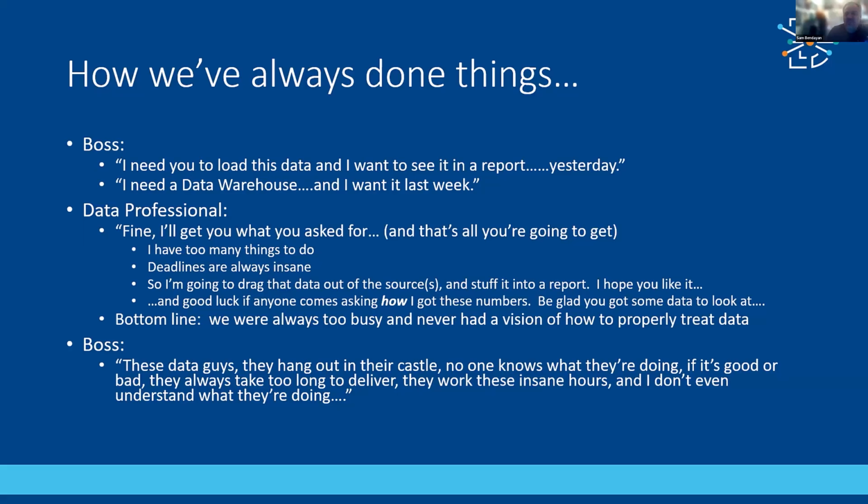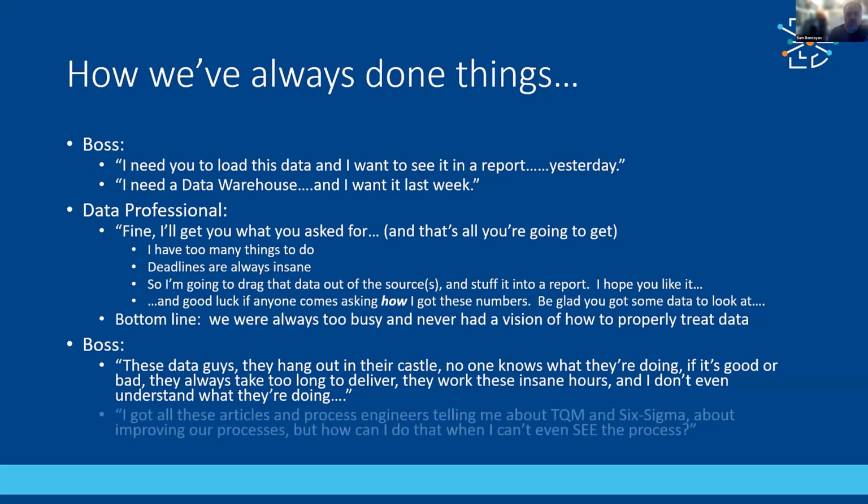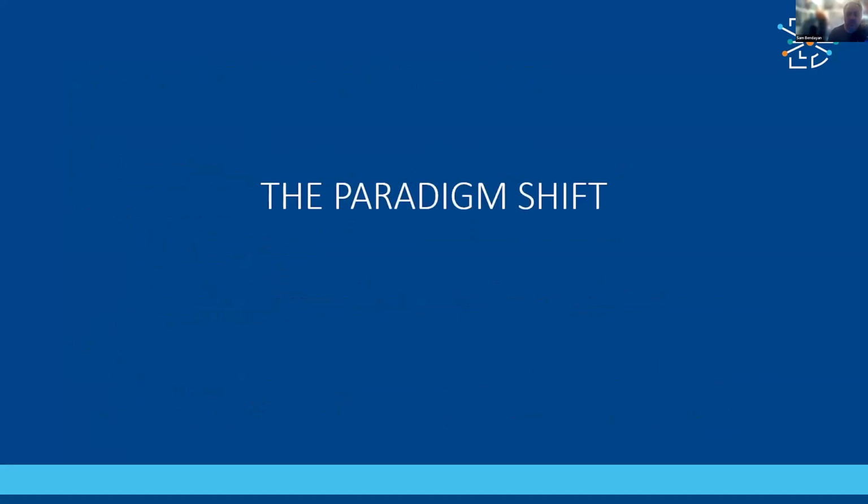But I don't even understand what's going on. And this is very frustrating for bosses because they'll say, you know what, I got all these articles that I'm reading and all these process engineers, and they tell me about things like TQM and Six Sigma and process improvement. But how can I improve a process that I can't see? Right? So this is the setup for the paradigm shift.